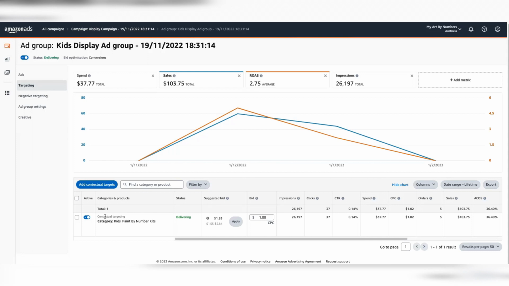So we don't necessarily want to be spending our ad dollars there. Being really strategic when we're doing ASIN targeting or these display ASIN targeting campaigns can really help. But at a minimum, I would just reduce the bid, focus on your best sellers, and then you can review that and see how it goes.